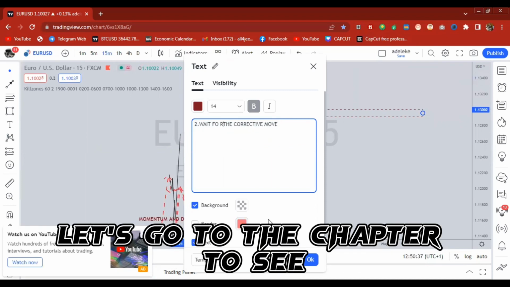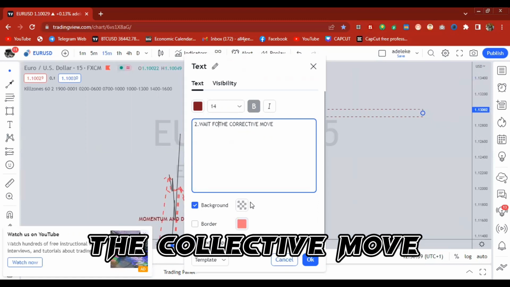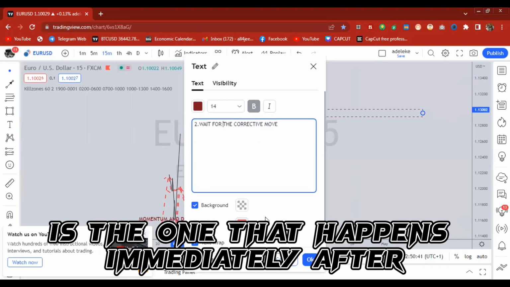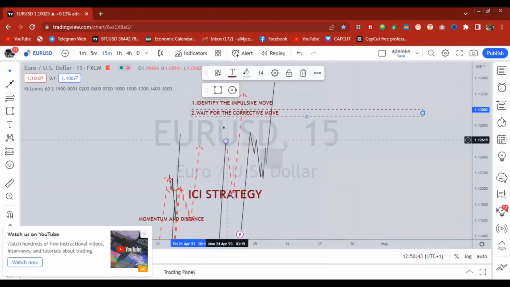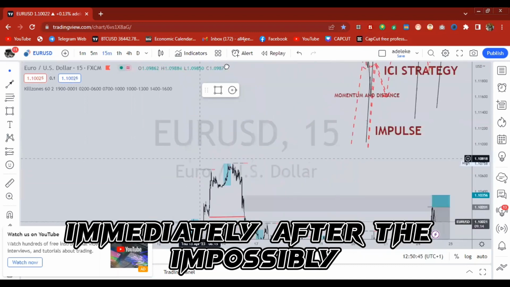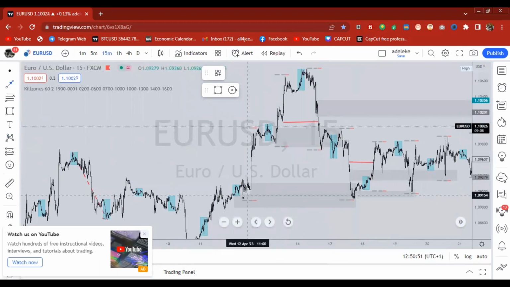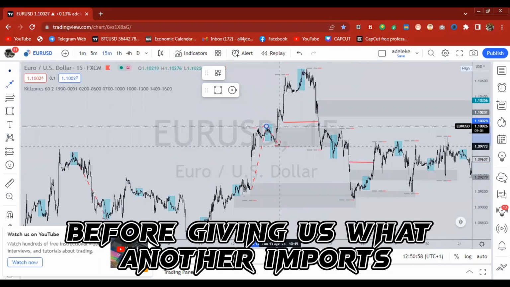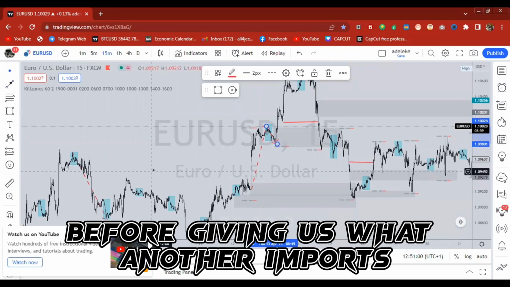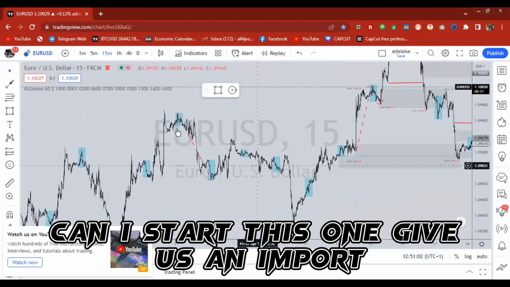So let's go to the chart to see the corrective move. It is the one that happens immediately after the impulsive move. Now I was showing the impulsive one that time. See how this one moved, very fast. The market corrected before giving us what? Another impulse. This one gives us an impulse.